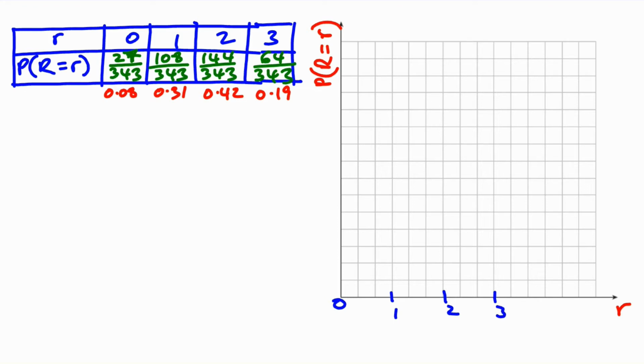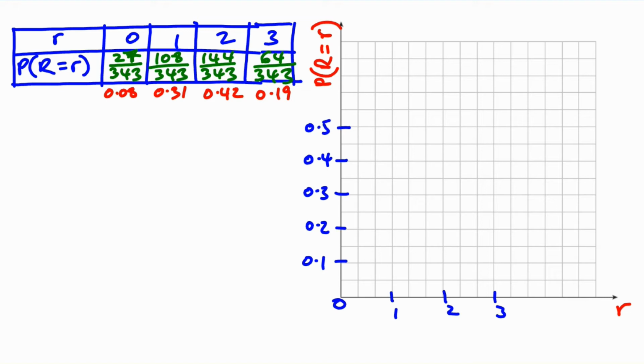Then on the y-axis, I'll use 0.1 here, so 0.2, 0.3, 0.4, 0.5. I think that's about it.